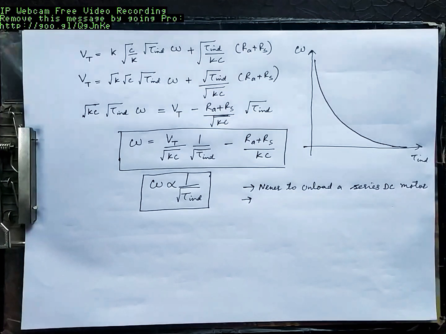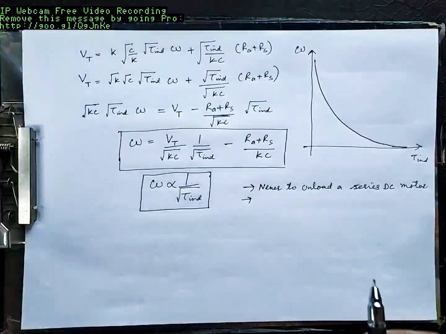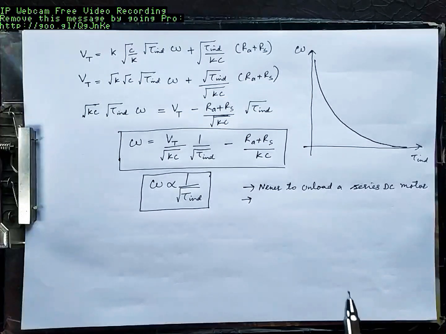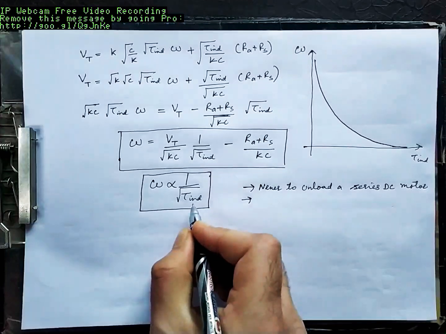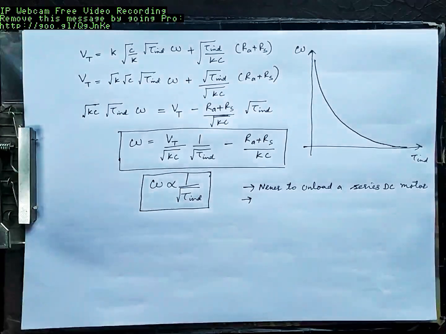So this is the reason why series DC motors are never connected in such a way that load can get disconnected. Also, they should not be connected using conveyor belts, such that if the belt breaks down, induced torque becomes 0 and speed becomes infinity.